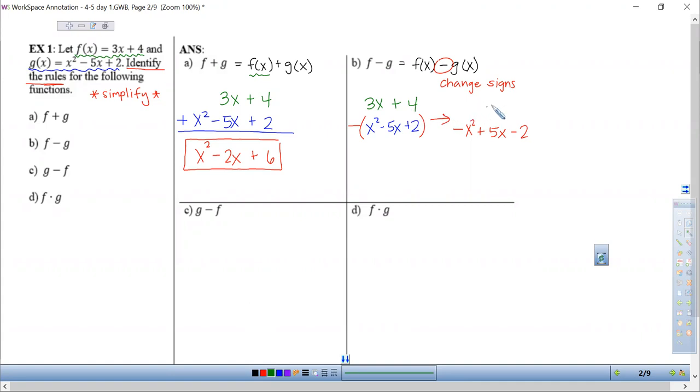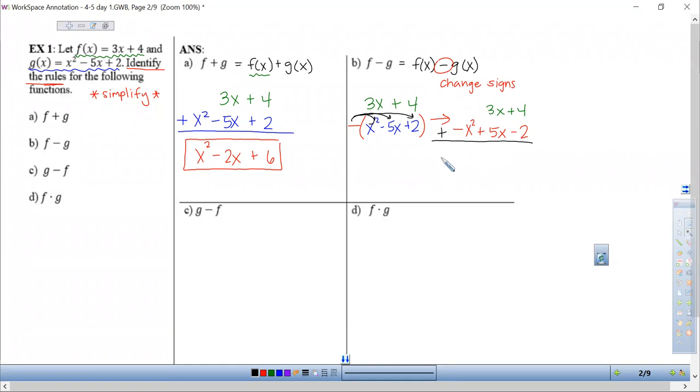So f stays the same. I still have 3x plus 4 there, but because I'm subtracting, I think of g instead as negative x squared, distributed, plus 5x minus 2, so that I can think about this as an addition problem.